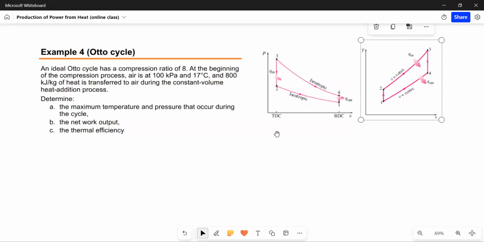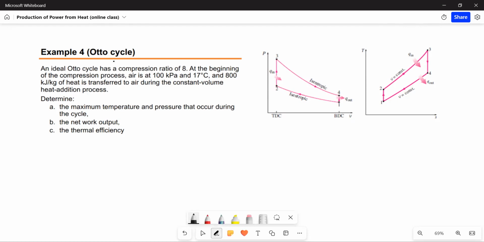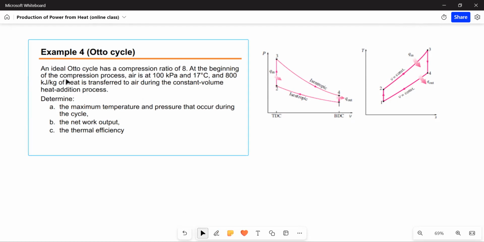Hello class, so let's try to solve this problem on the ideal Otto cycle or air standard Otto cycle. The given is that the cycle has a compression ratio of 8, and at the beginning of the compression process, air is at 100 kilopascals and 17 degrees Celsius.